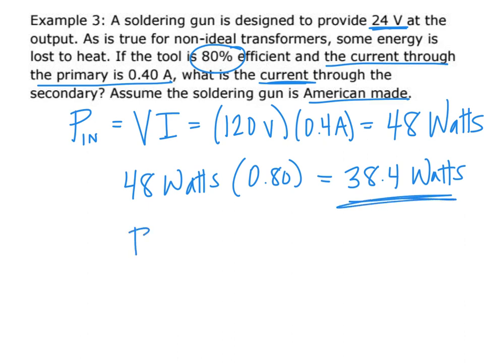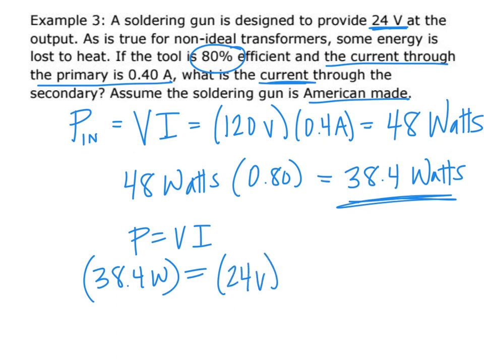So power is voltage times current, so 38.4 watts should equal our output voltage, which we know is 24, times our output current, or our secondary current. That's what we're trying to find. So 38.4 divided by 24 volts, our current is 1.6 amps.